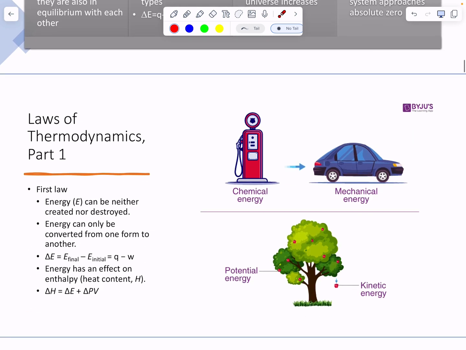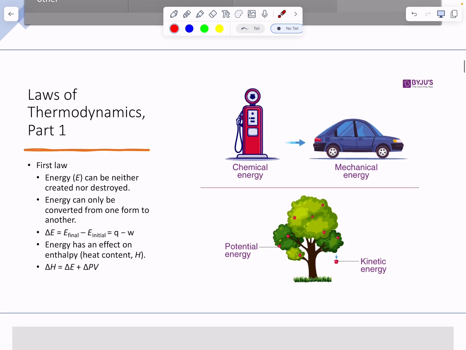Okay, so our first law, again, energy can neither be created nor destroyed. So energy has to be converted from one form to another. And if work is done, then energy gets lost, but it gets transferred to the thing that we're doing work on. So we've got chemical energy, which in biological systems we store mostly in ATP.